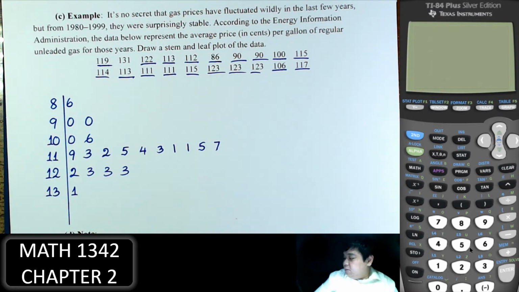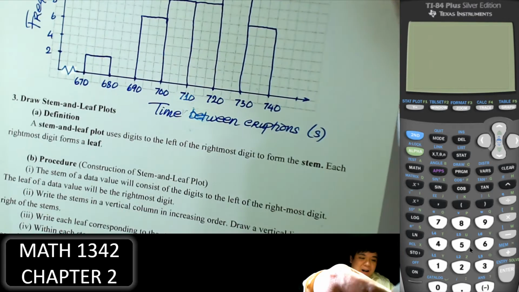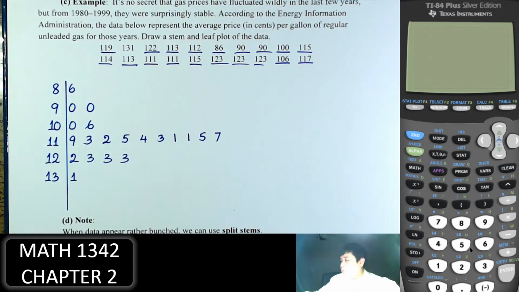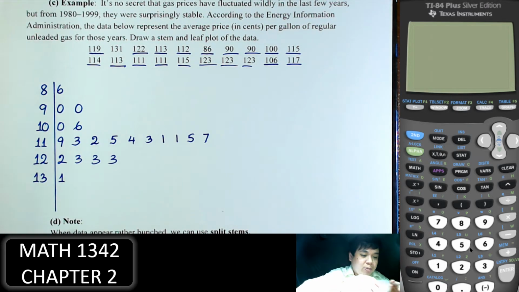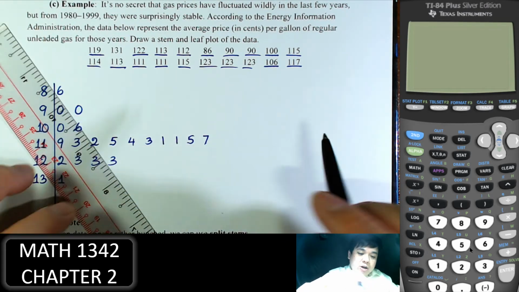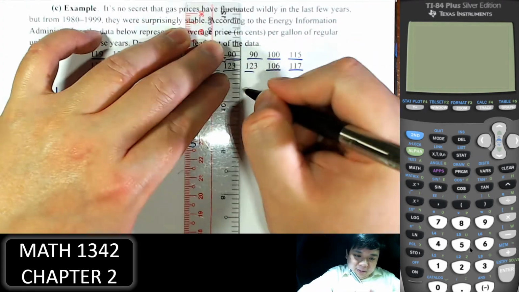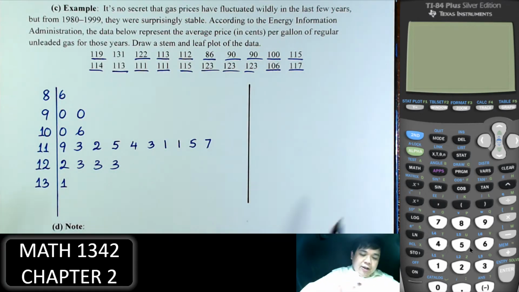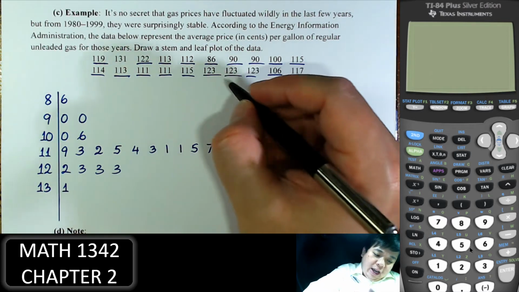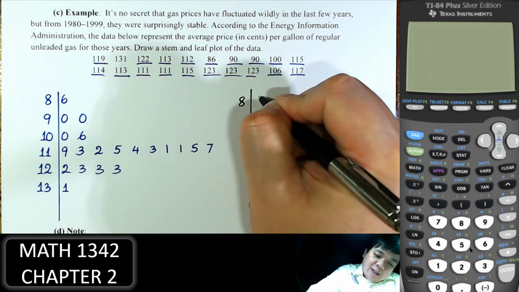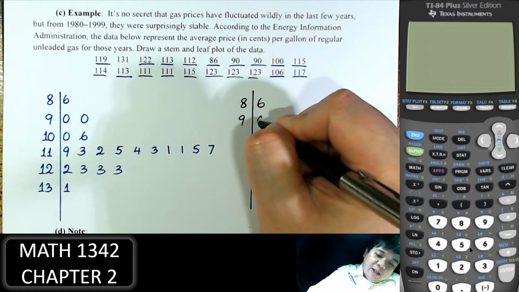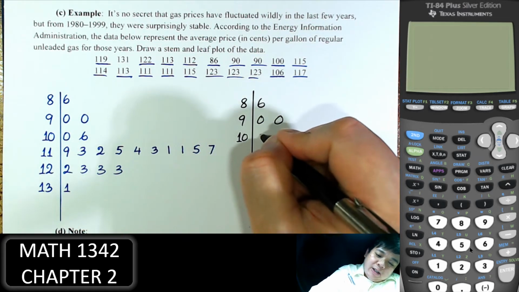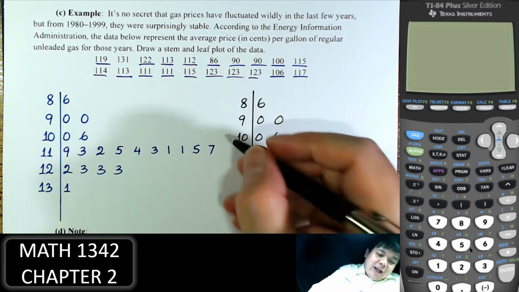The only thing that I asked you to underline from the previous page is that the leaves have to be in ascending order. So I have to put them in increasing order. One more time, this is just scratch work. 86, 90, 106, and then the 110s.